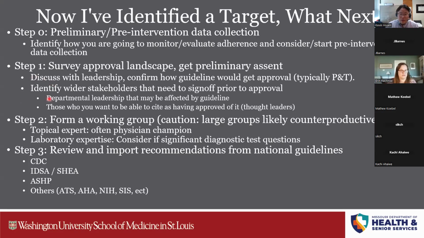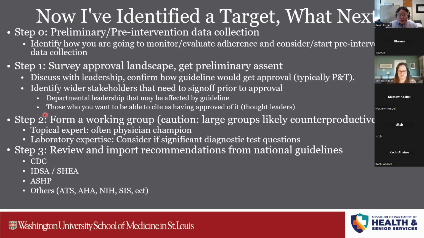Also, identify wider stakeholders that need to get sign-off prior to approval, that you need to get their affirmation that this is a good guideline. So generally, that would be departmental leadership that is affected by the guideline. If you're making surgical prophylaxis recommendations, you would probably want to have your surgical leadership aware and approving of the recommendations.